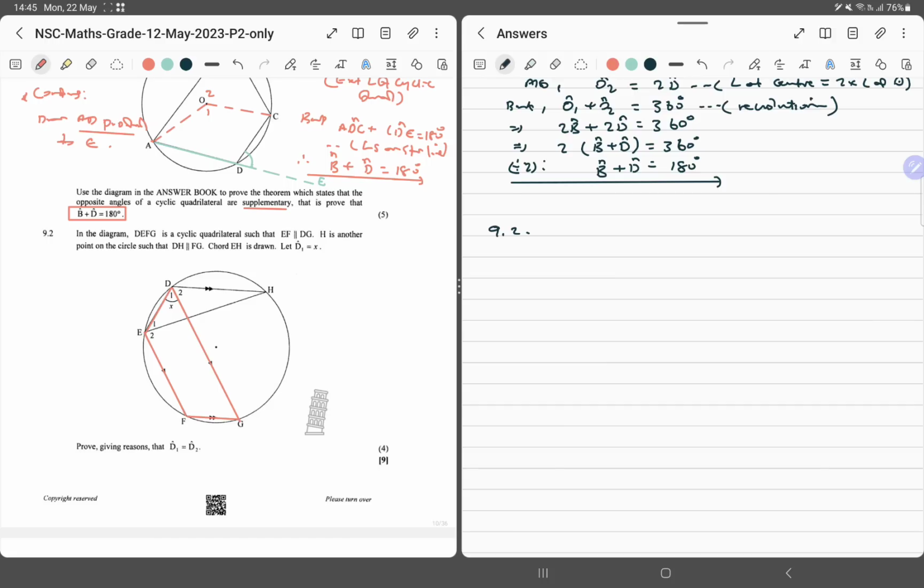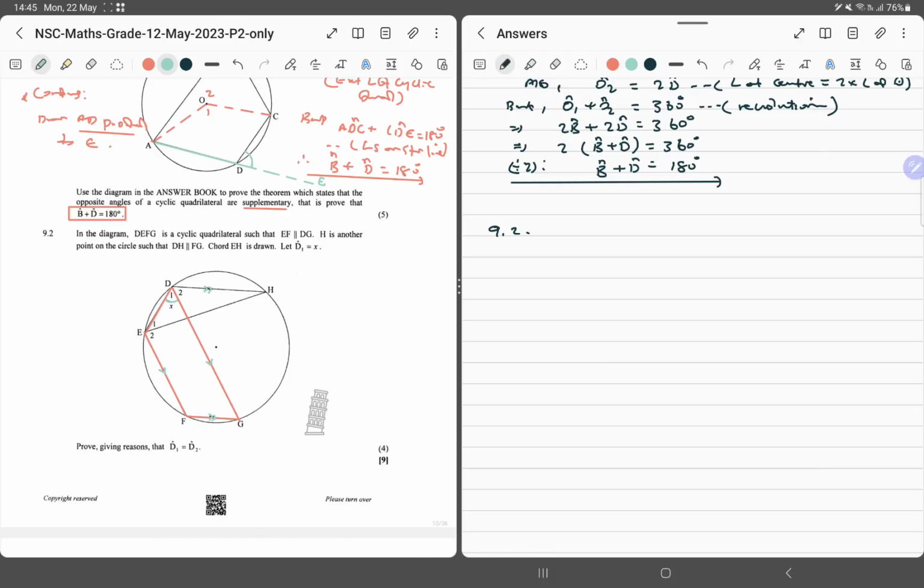Now we have been told that this angle here, D1, is X. Okay, well, we can see that. And then there's this set of parallel lines right here. Not a problem.